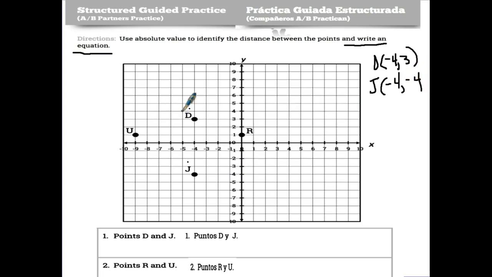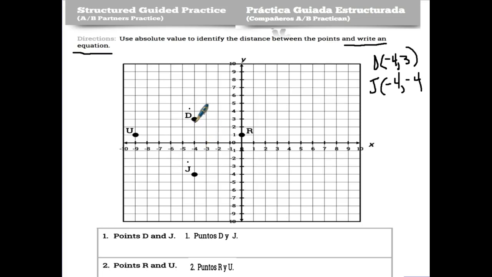Now, I'm looking at these 2 points, and I notice that D is in quadrant 2, J is in quadrant 3. They're in different quadrants. You're crossing over the x-axis. So I know I'm going to have to add the absolute values of these 2 points to find the distance.